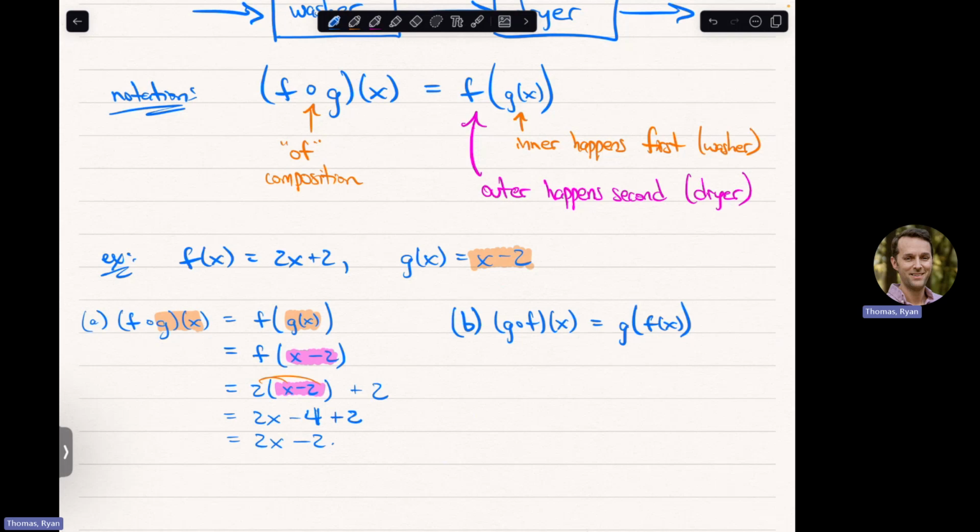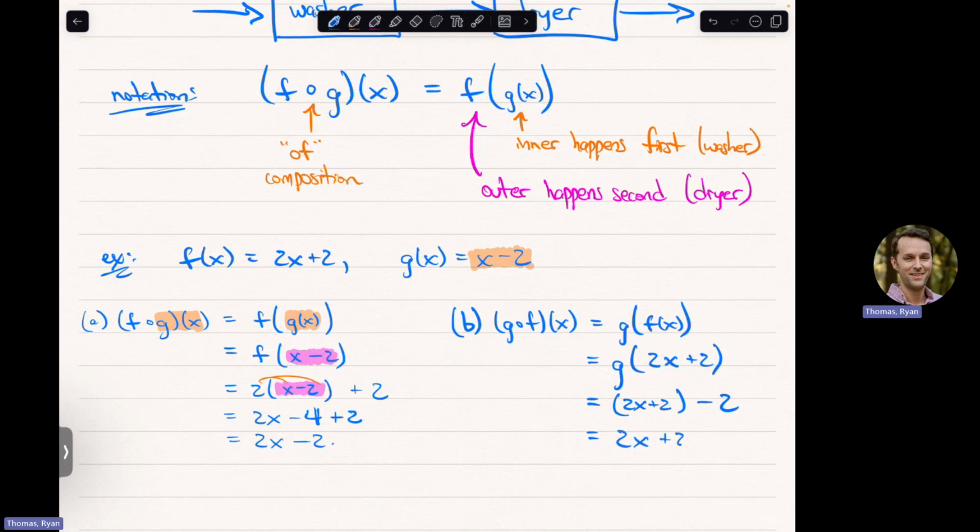So you want to do the same thing, but switch the order up. f is 2x plus 2. g of 2x plus 2, well, g of anything is going to look like that because that's what g does: x minus 2. So leave a placeholder here, minus 2. So placeholder minus 2. And then the thing I'm plugging in is 2x plus 2.